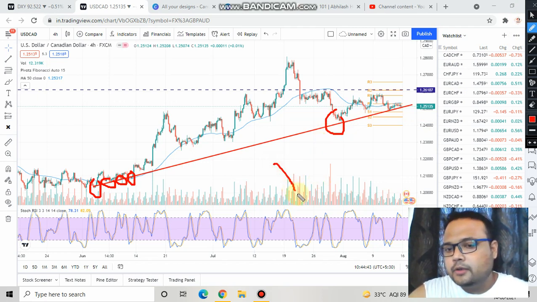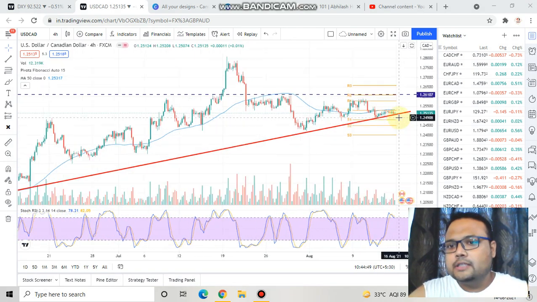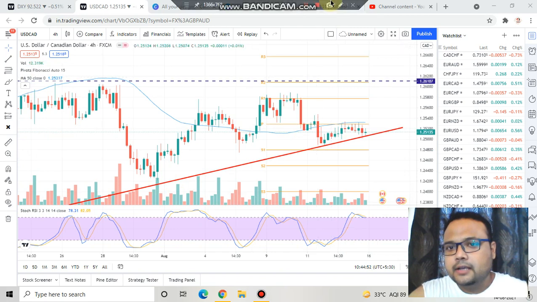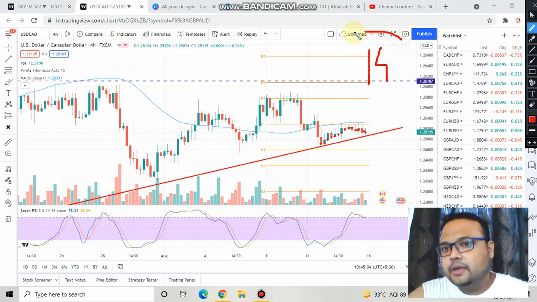It came to the trend line, bounced, came to the trend line, took support for one or two candles, then bounced. And right now you can see that the market is standing at the trend line for 1, 2, 3, 4, 5, 6, 7, 8, 9, 10, 11, 12, 13, 14 candles, and still the market is not ready to go up.